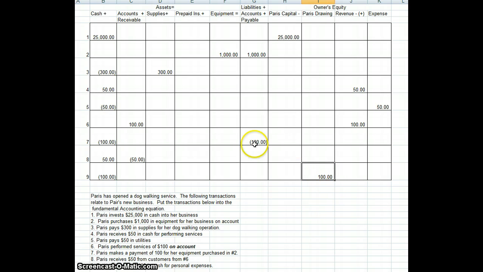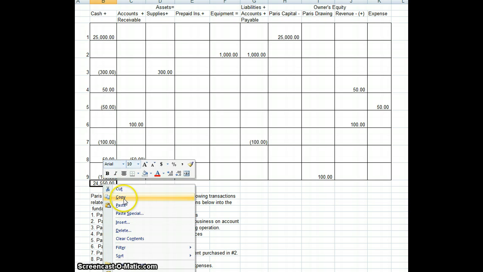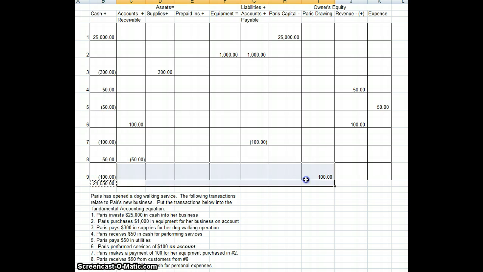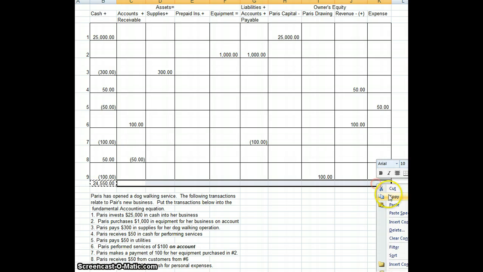So the last thing we're going to do here together is add these columns. We'll sum them up. We'll make sure that our accounting equation is in balance. So we would show addition of these numbers: the asset cash, accounts receivable, supplies, prepaid insurance, which we didn't have a transaction, and equipment.